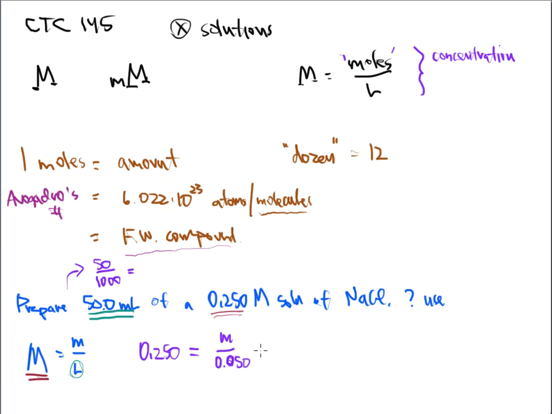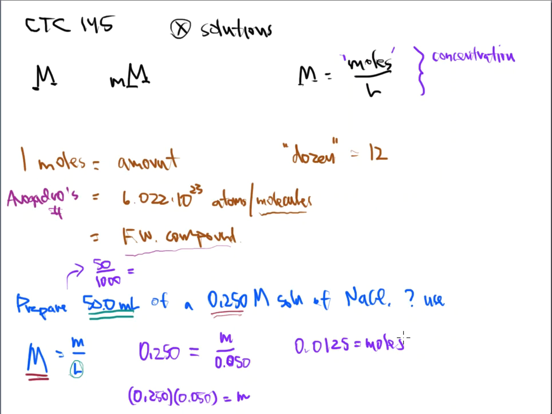I'm going to take 0.250 and multiply by 0.050, and that will give me my little m, which stands for moles. So 0.05 times 0.250 is going to be 0.0125 moles, right?